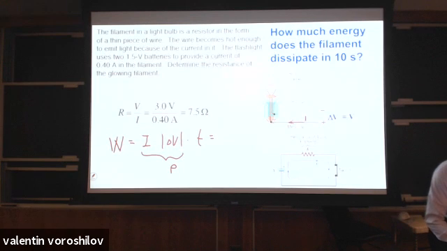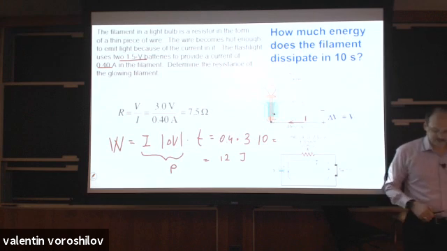We know electric current was equal to 0.4, and in this situation we have two batteries, so the voltage is 3, and time is 10 seconds. Done. So 12 joules of work is done. Very simple.